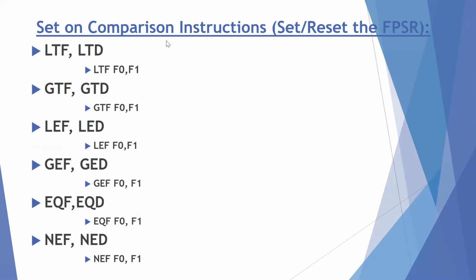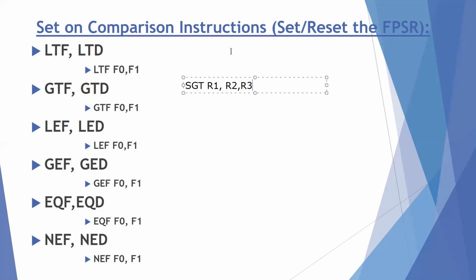Yes, moving on to the next set of instructions. These are set on comparison. Now see, we had a set on comparison with general purpose register also, like set greater than R1, R2, R3.